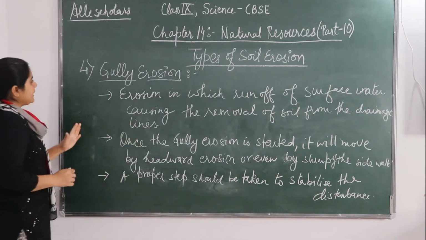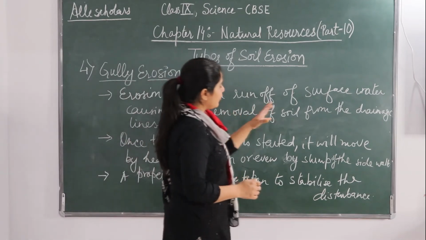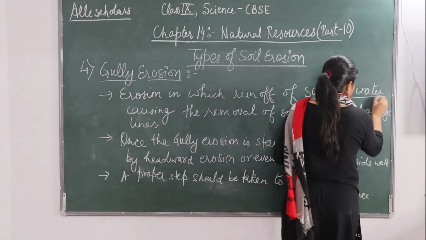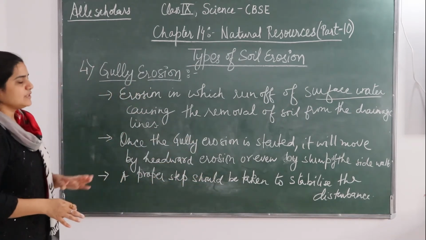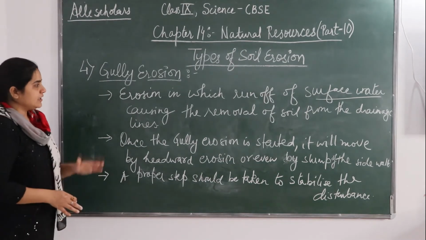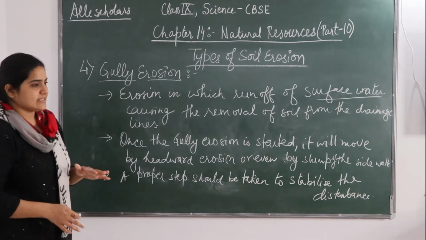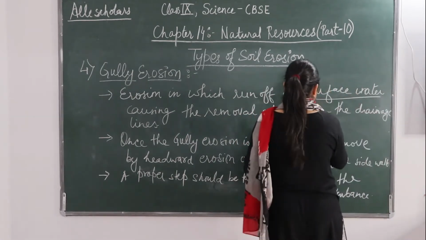Okay, so the fourth type of erosion was gully erosion, erosion in which runoff of surface water, remember, surface water का runoff हो रहा है, causes the removal of the soil with the drainage lines.